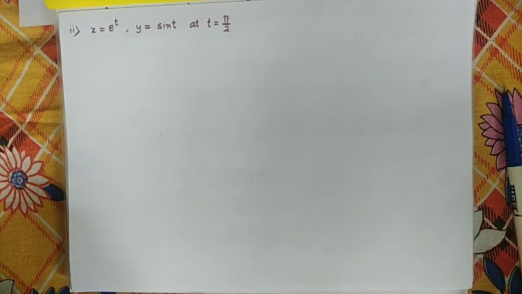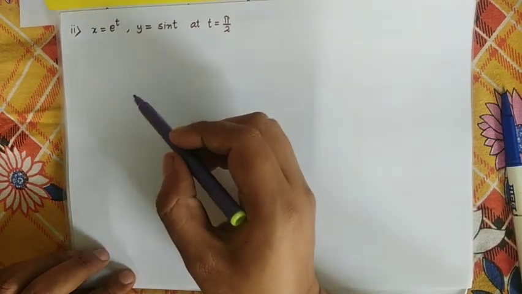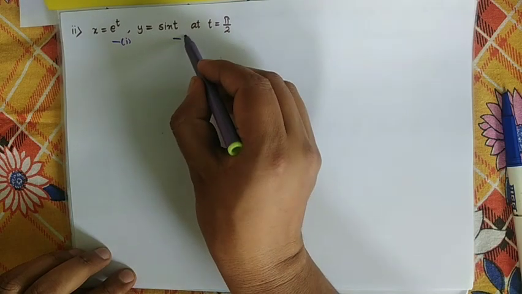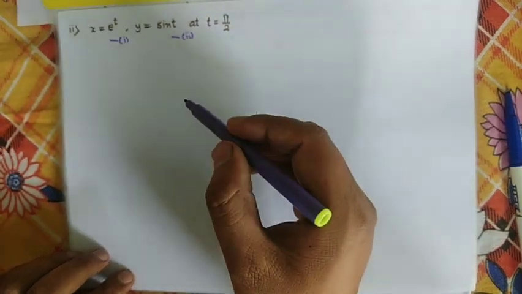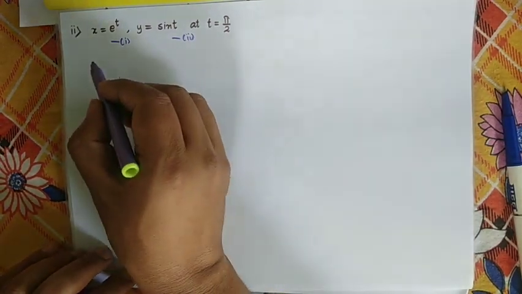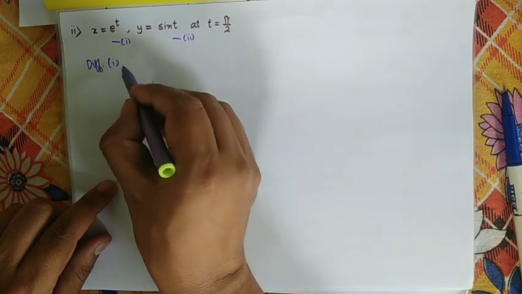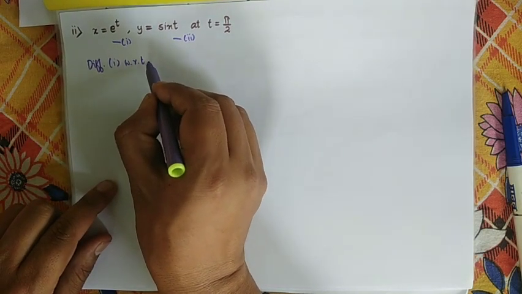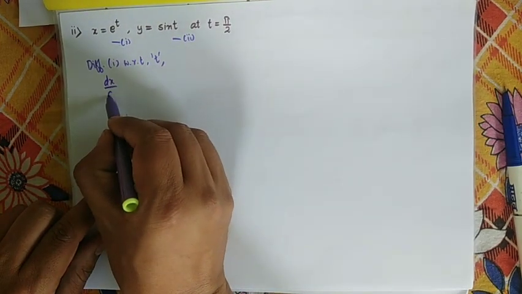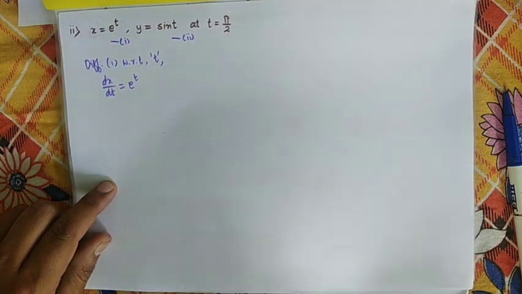Okay, so next we want to find the second order derivative of this one. So this is again a parametric equation. Okay, so let me call this equation 1 and let me call this equation 2. Let's differentiate 1 with respect to t. So differentiating 1 with respect to t gives me dx by dt equals differentiation of e to the power t, which is e to the power t itself.